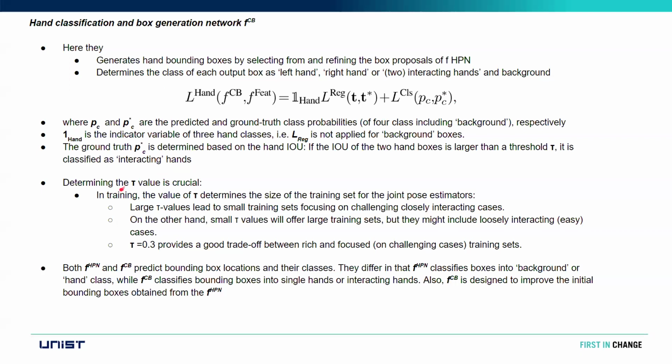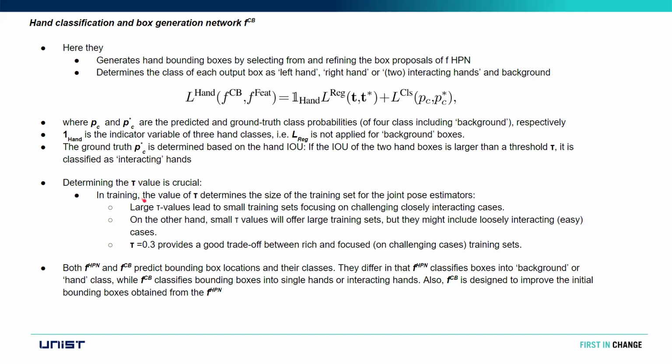Here they also use a threshold: if the IOU of two bounding boxes is larger than this threshold, then they classify it as interacting. They said this is very important, because if we make this value very large, then many images from the dataset will be categorized as interacting, but if you make it smaller, then fewer images will be categorized as interacting.